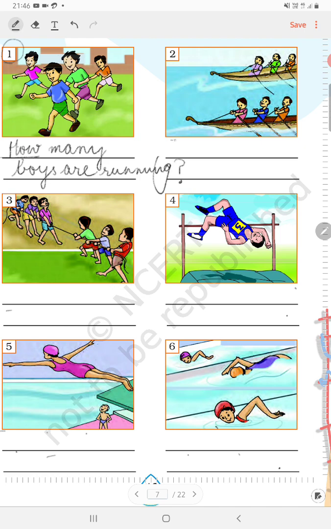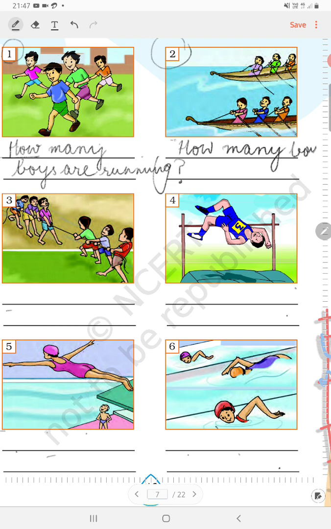Now you can make more questions also. What are the boys doing is already there. How many boys are running here? Okay. Now second one. In the second one, what question can we make? Suppose we use how to make a question.